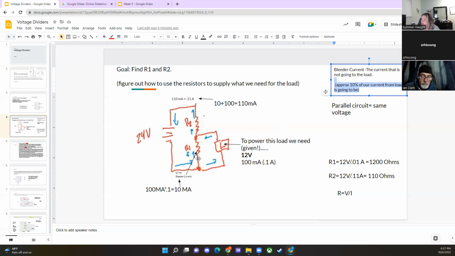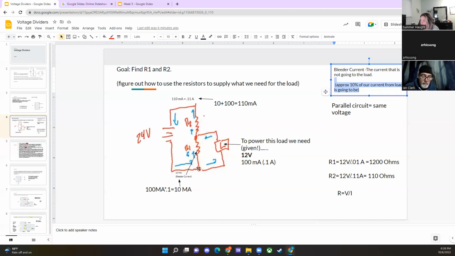We have 10 mA here, and we know that we have 100 mA here, which means that at this node they combine and add together to 110 mA. Remember, whatever you end with and whatever you start with are always the same. So we have a current of 110 mA here.